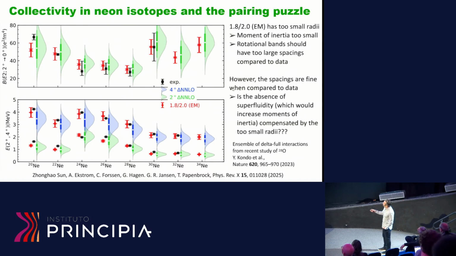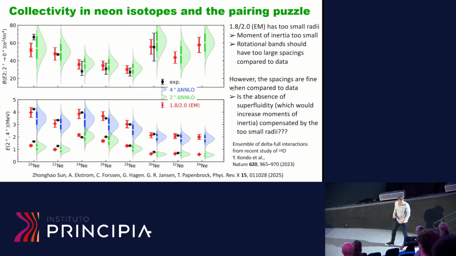This is what we call the magic 1.8/2.0 interaction that has been employed widely in the community and is known to be very accurate in describing spectra and binding energies. You can see that we follow the data quite nicely all the way up to neon-34 here. And also for the B(E2) trend, we reproduce the data quite nicely, or we follow the trend.